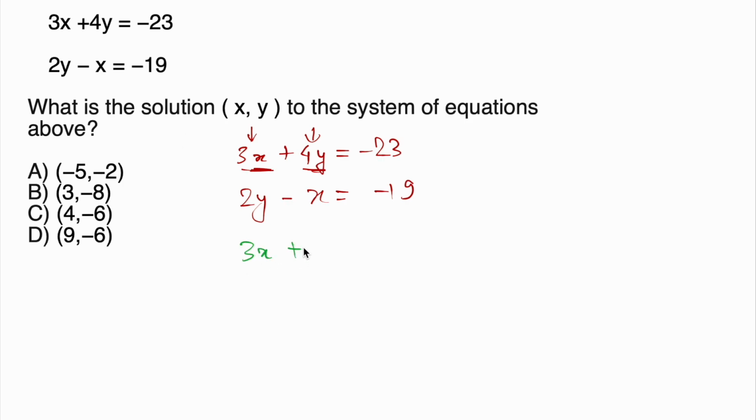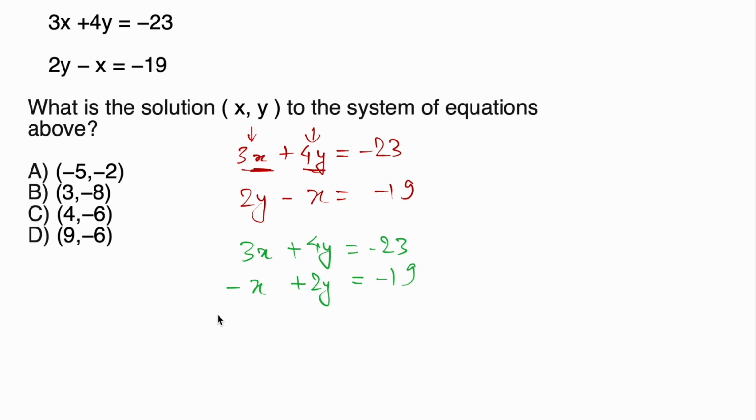Let me write it first. Minus x plus 2y equals minus 19.